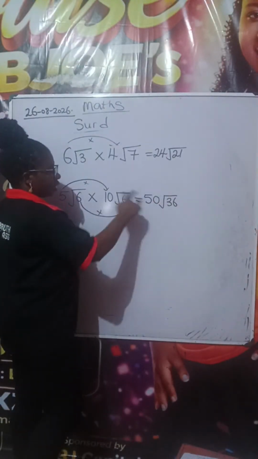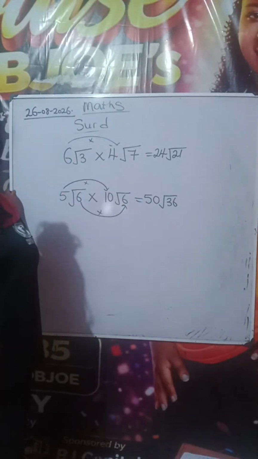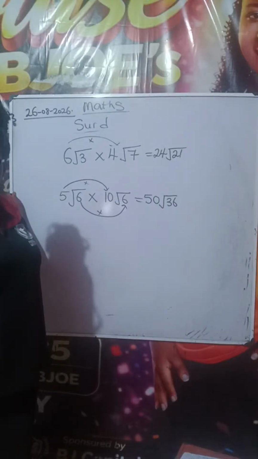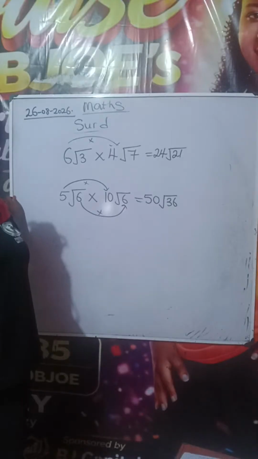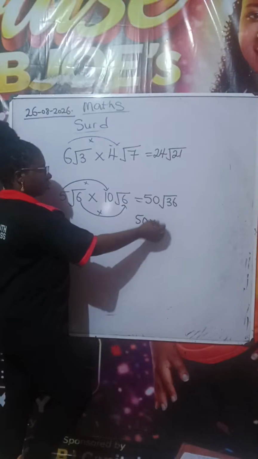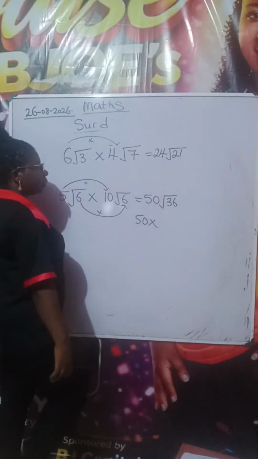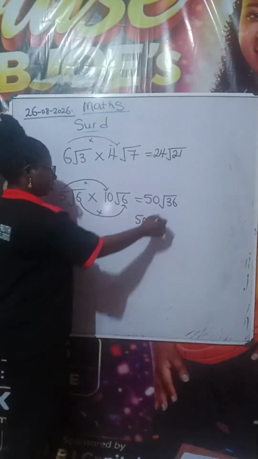Good job. Now, this 36, can we get the square root of 36? Yes. So we take the square root. We have 50 times the square root of 36, which is 6. So you write 6 here.